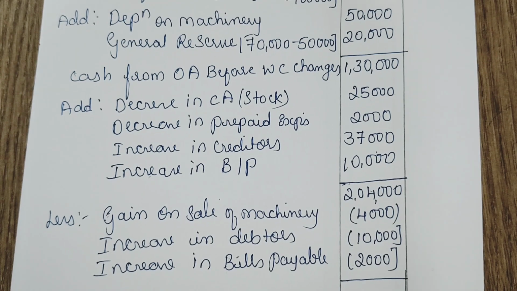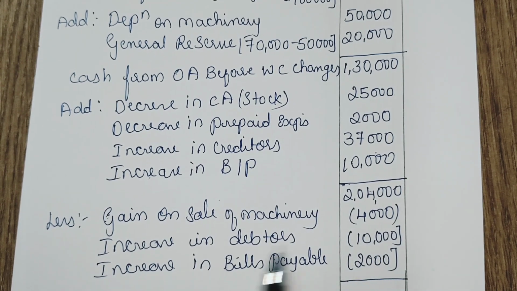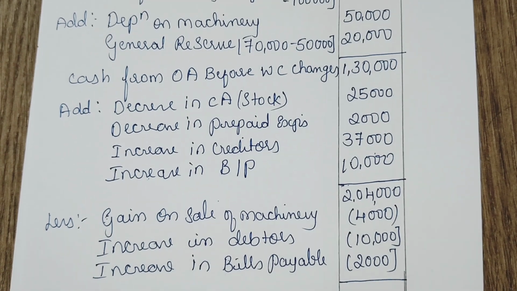Now understood? Gain on sale of machinery, increase in debtors, increase in bills payable.